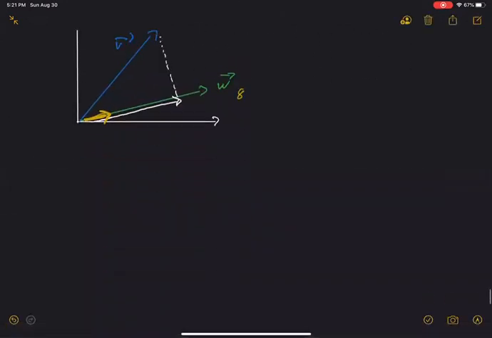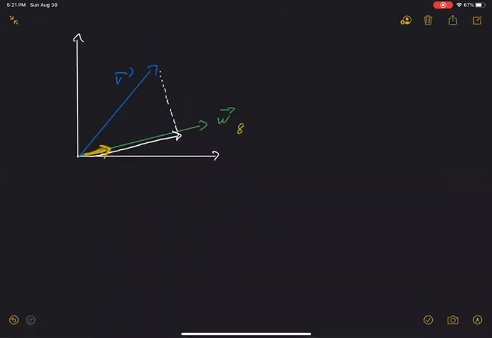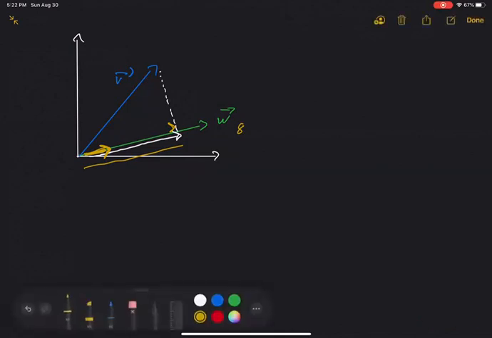Now, if I could find out some sort of scaling factor, maybe like how long this vector was, how long the projection was, I could just multiply the components of the unit vector by that factor, and that would give me a vector that was my projection, right? It would stop there. Okay. So that's kind of what we're doing. We're looking for some value to multiply that unit vector by.